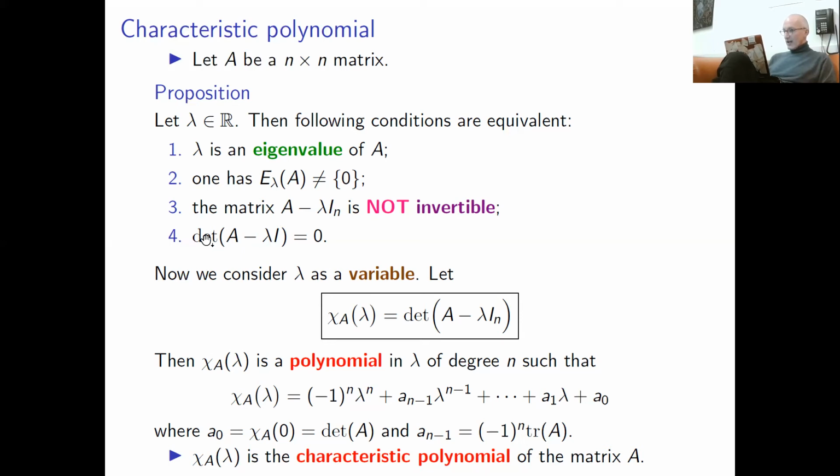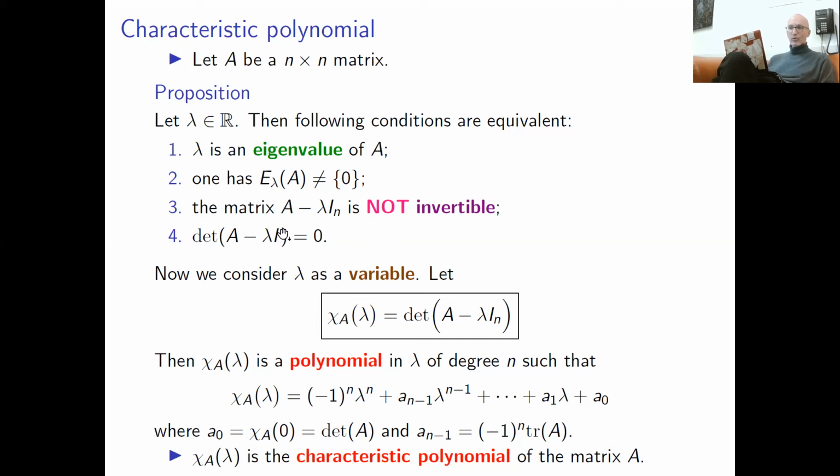Now this proposition basically says that lambda is an eigenvalue of A if and only if it is a solution of this equation. It basically means if and only if lambda is a root of the characteristic polynomial of A. This follows from this proposition.